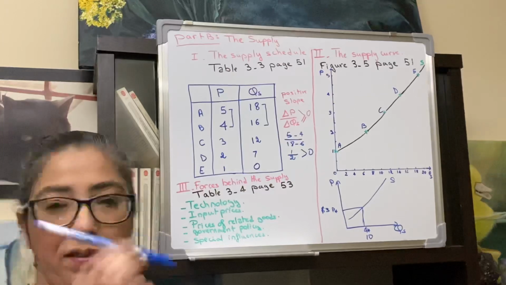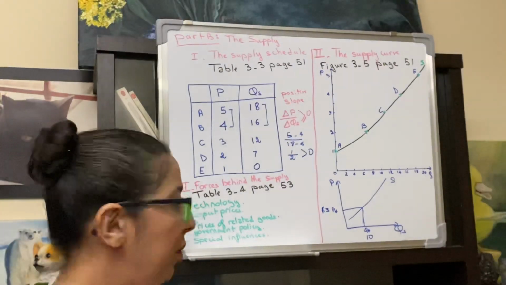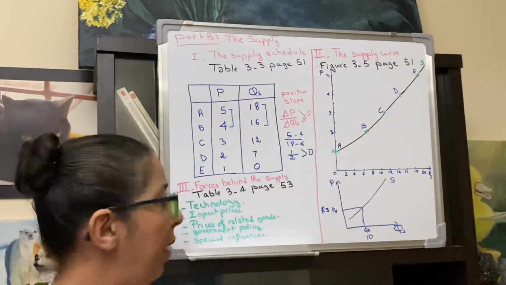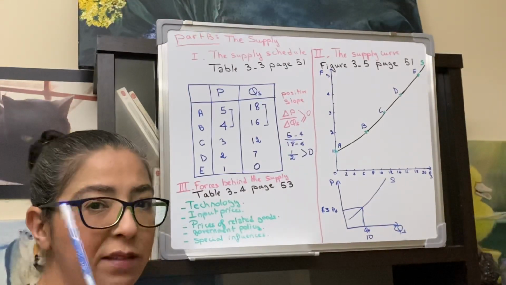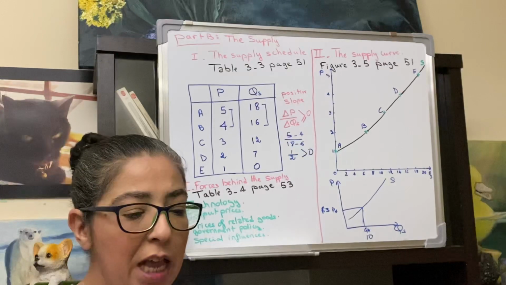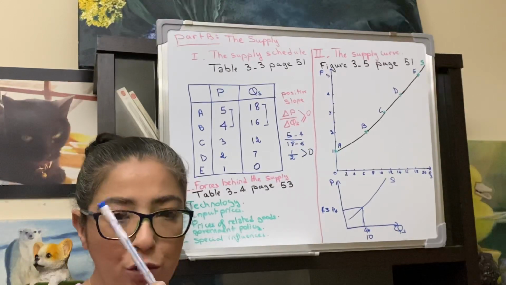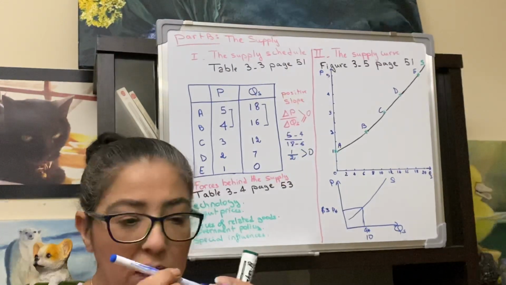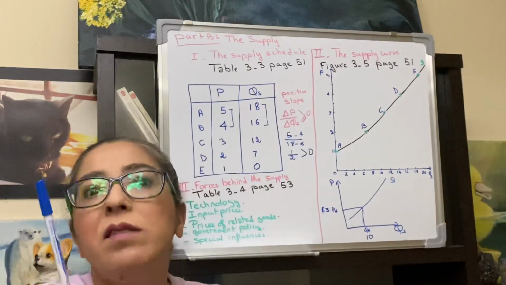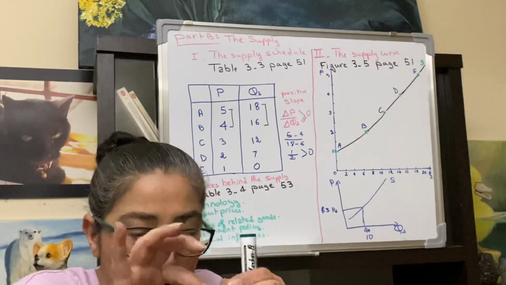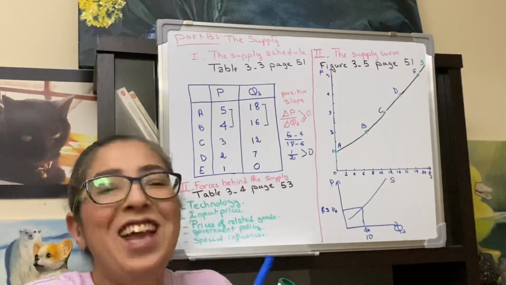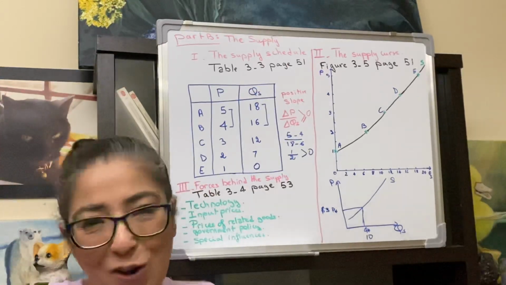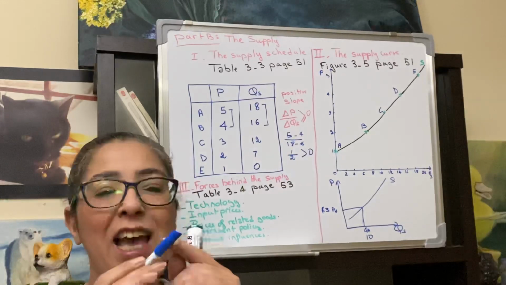Now, let's imagine it's pens. So I'm supplying pens at $3, I sell 10. Now let's imagine they discovered a new technology that allows them to produce 2 pens using the same amount of plastic. Let's imagine they make it thinner. I don't know, whatever technology, the cap becomes smaller.